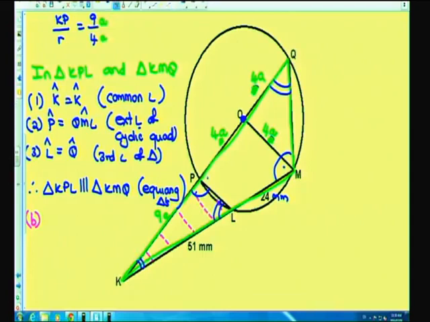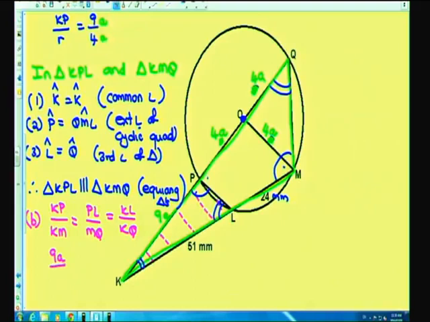Now, looking at it, I've just proved a similarity. Maybe that has got something to do with it. So let's write it down. KP, the first two, over the first two, KM, equals PL, the last two, over the last two, MQ, the first and last over the first and last. Okay, so if I look at this, KP is 9a.